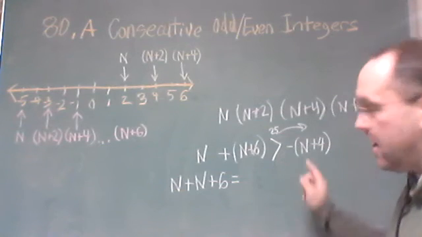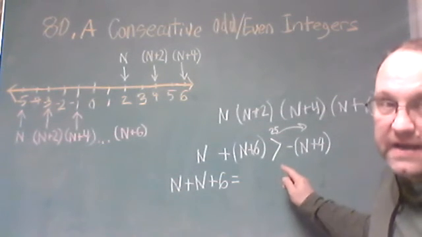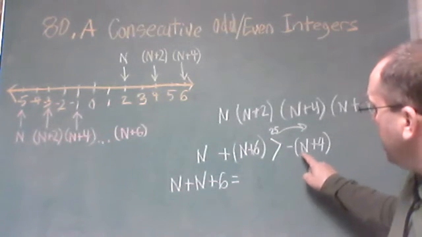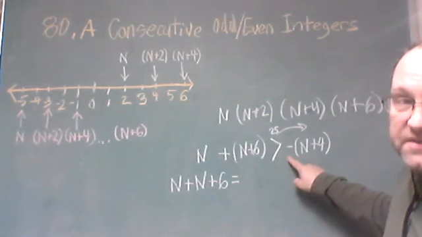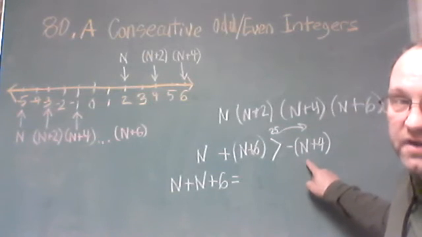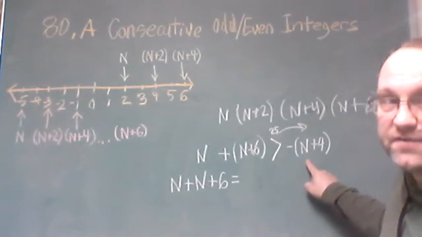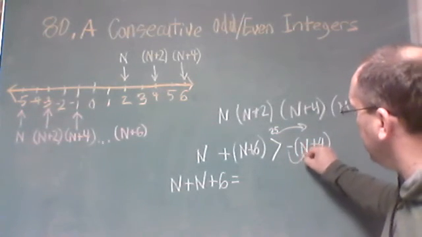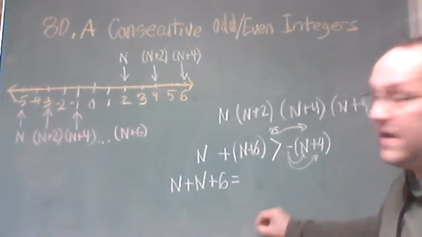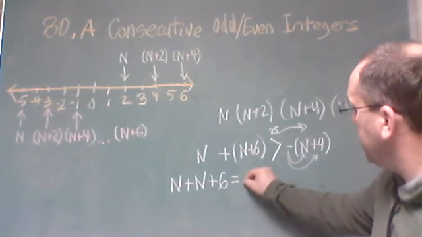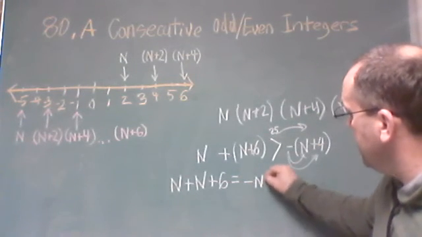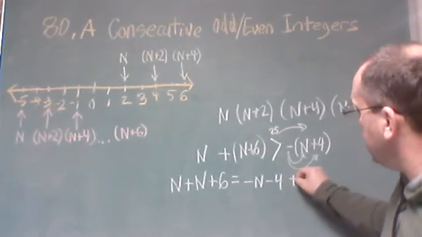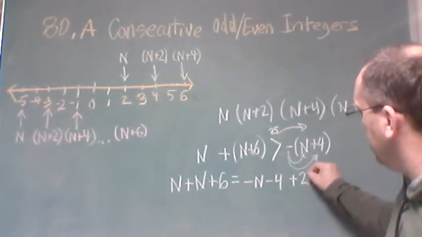Now, this is the importance of indicating your variables in brackets, because now what we have is the opposite of the third expression. Okay, to get rid of the parentheses, the brackets, I have to apply the distributive property here. And I notice when I do that, it becomes a minus n and a minus 4. Okay, then I add my 25.